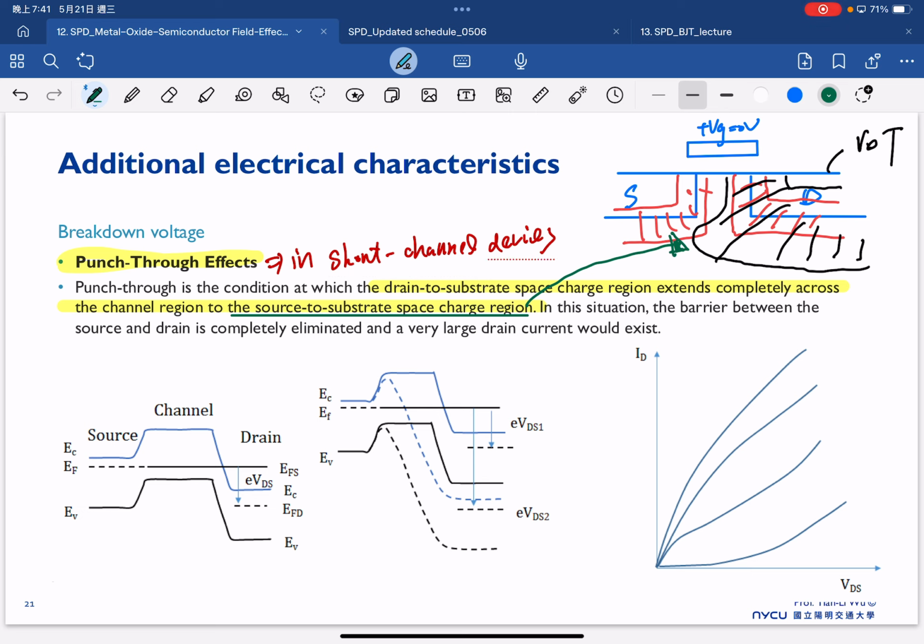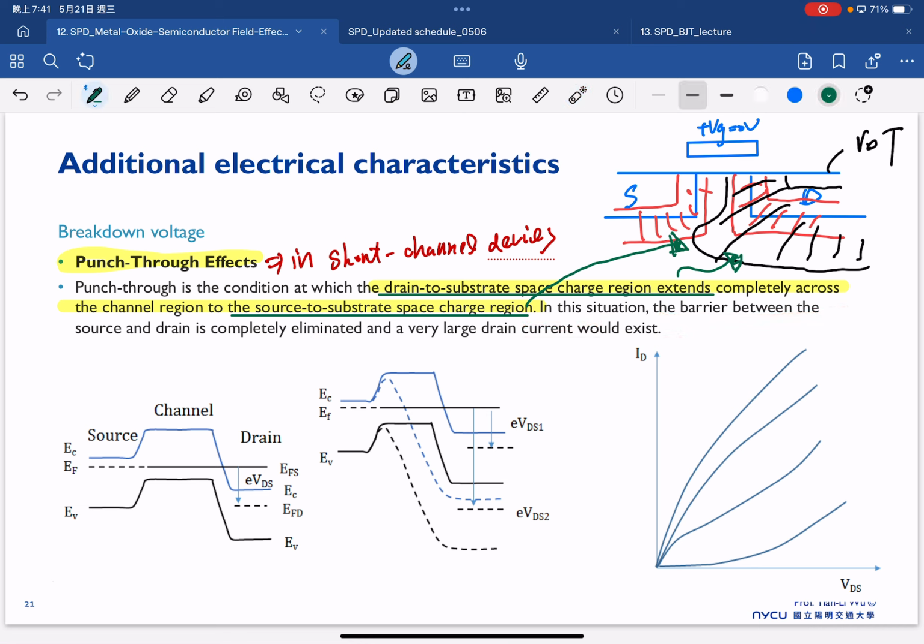This is what the sentence means here: the drain-to-substrate space charge extends. Because your depletion width here now extends to the source side, in this situation the barrier between the source and drain is completely eliminated and a very large drain current will exist.